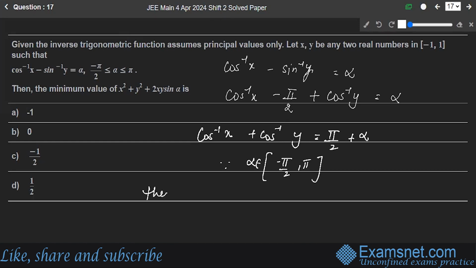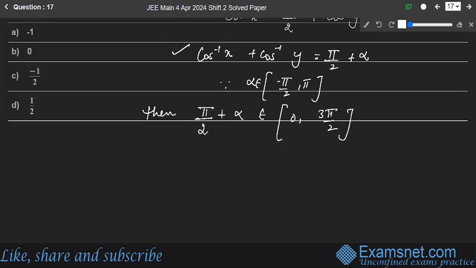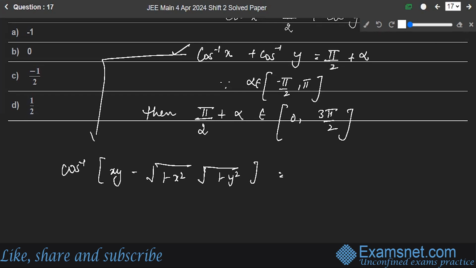Then pi by 2 plus alpha will belong to 0 to 3 pi by 2, right? Also, you know the formula for cos inverse x plus cos inverse y. This is given by cos inverse of xy minus root of 1 minus x square into 1 minus y square. So I'm rewriting this equation as pi by 2 plus alpha, right?